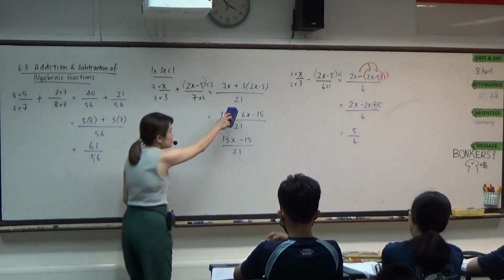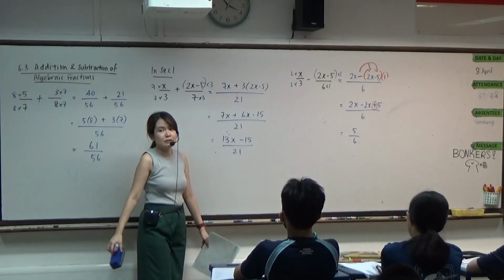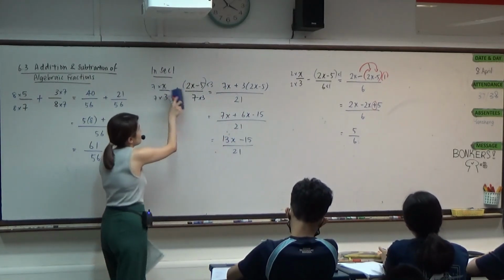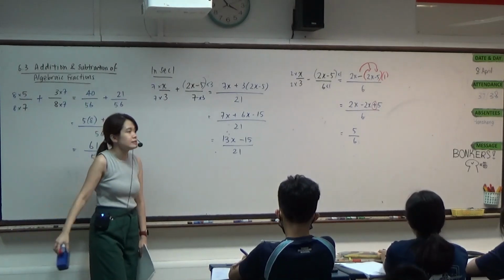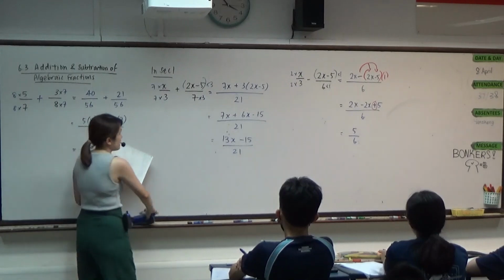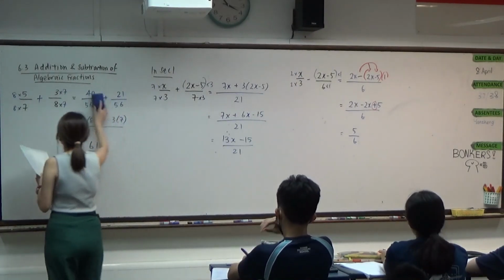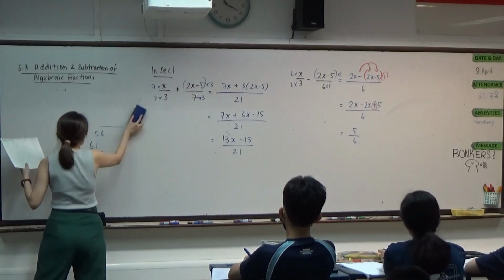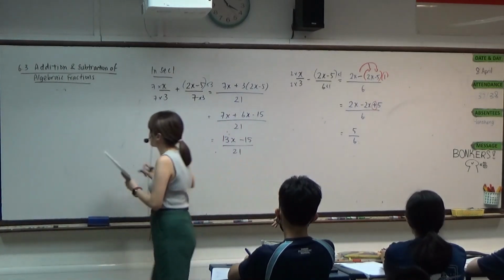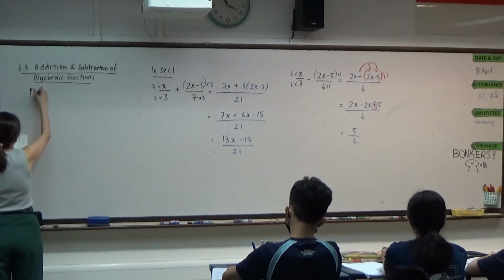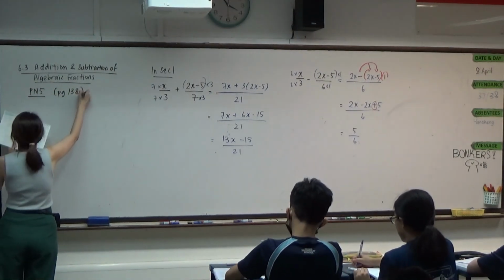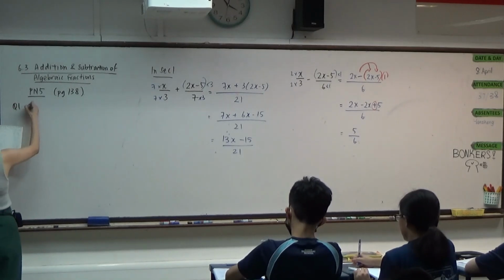Looking for the lowest common multiple for the denominator, and then multiplying accordingly to get equivalent fractions, and after that, simplifying it. So let's look at an example. Let's look at practice number 5, question 1.